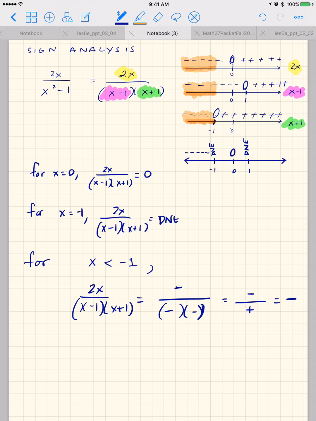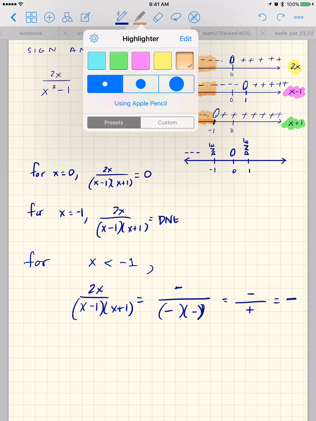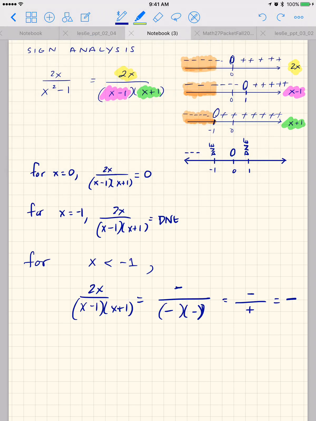Now in between, let's change colors here. Now I've got to figure out what goes between negative 1 and 0. In between negative 1 and 0, I've got negative, negative, positive.